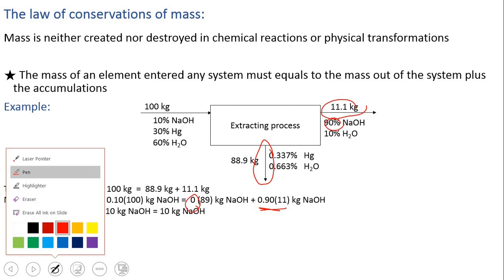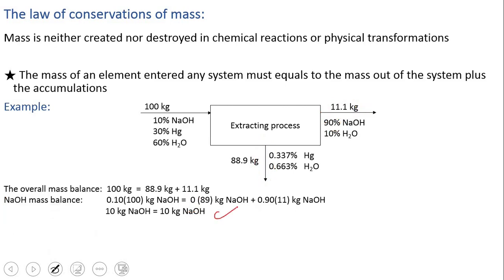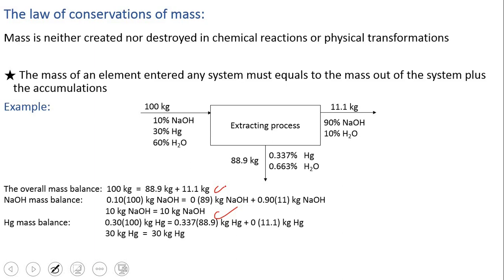So this process is also consistent with the law of conservation of mass. If we do the same for the mercury balance, it will also be 30 kilogram of mercury entering and 30 kilogram of mercury leaving.